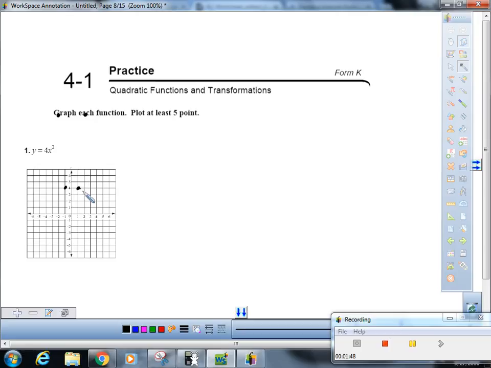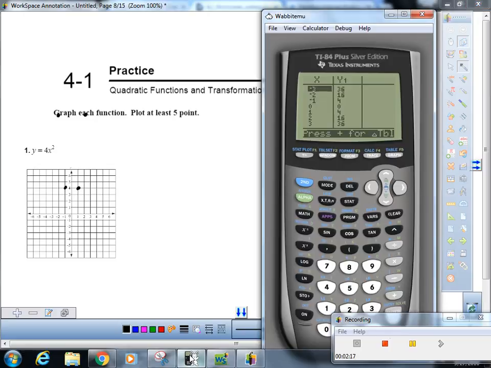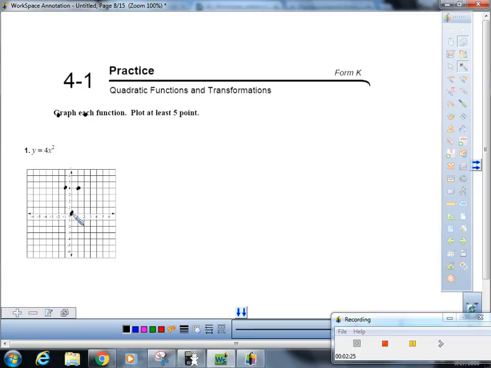Let's go back, I feel like I've messed something up there. Let me go back. Negative 2, comma 16, negative 1, 4, 0, 0. Okay, so there's our 5 points, this very narrow parabola, just like that, okay?